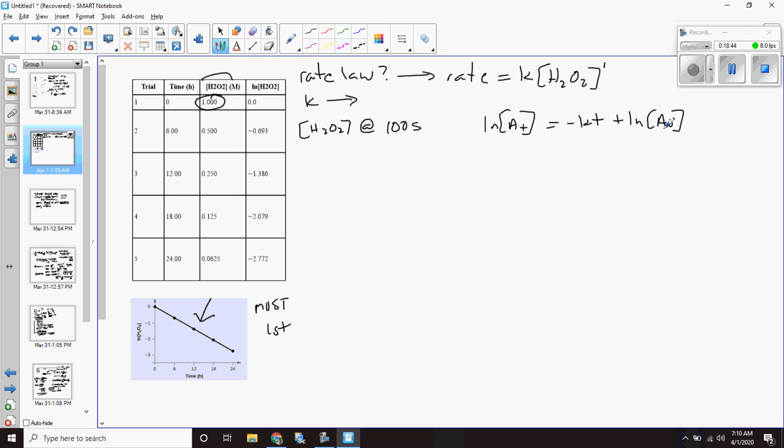If you remember from last time, we moved the natural log of A0 to the other side, and then we end up dividing everything by negative t. So in the end, we end up with k equals natural log of A minus the natural log of A0 divided by t, and the whole expression, we just put a negative out in front.